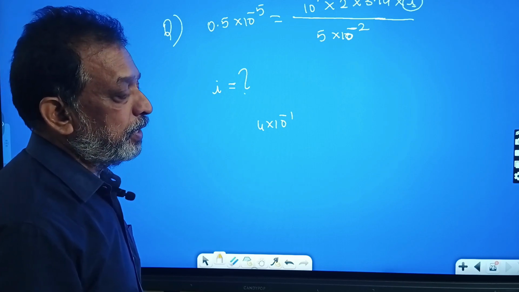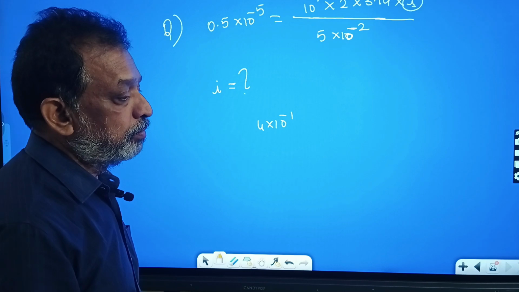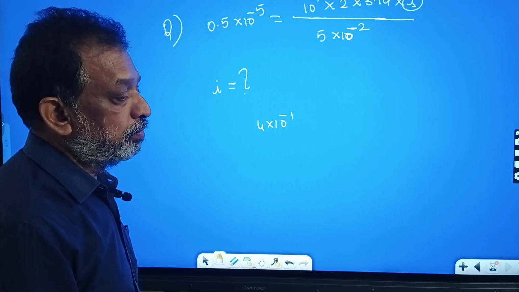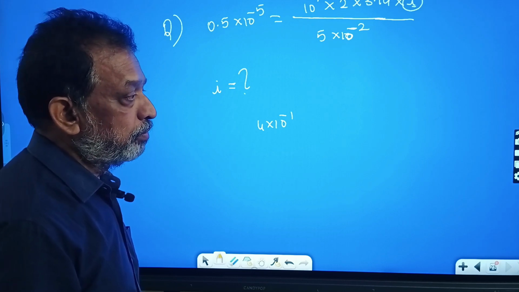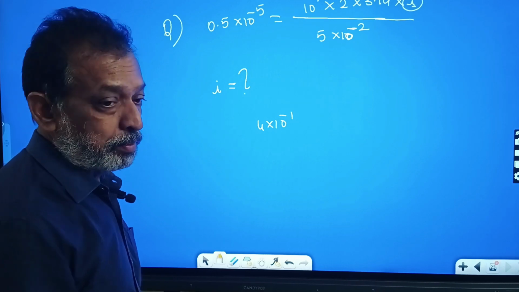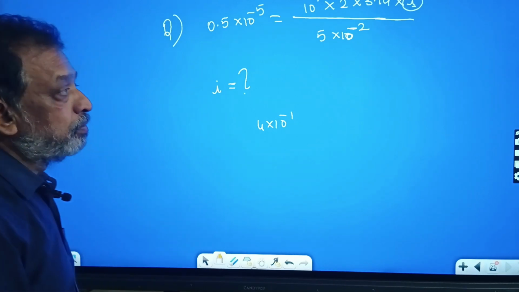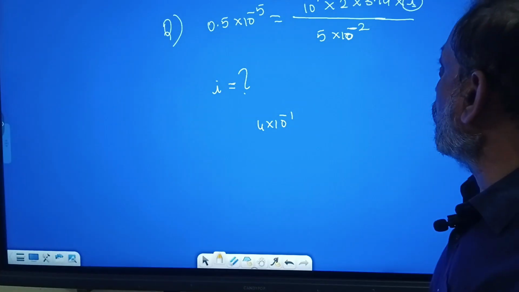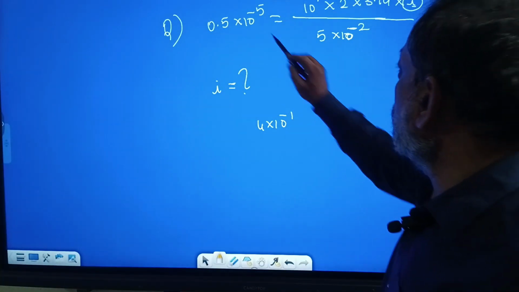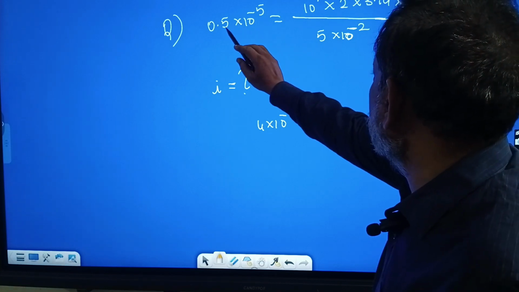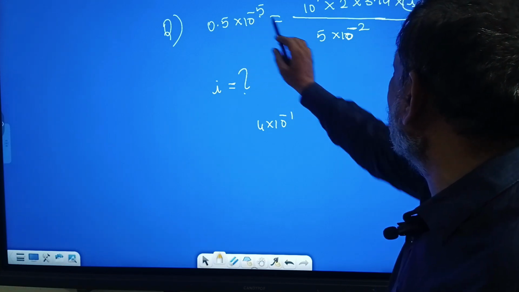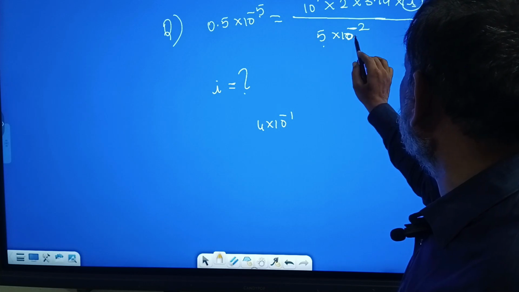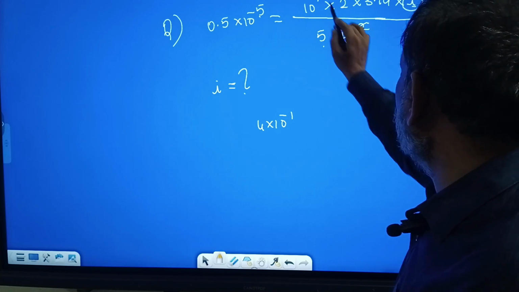Harshini? Answer please. Okay, now the calculation part we are going to see here. This is 10 to the power of minus 5, and 5 into 10 to the power of minus 2 is there. I'll take this to the top, this becomes plus 2.